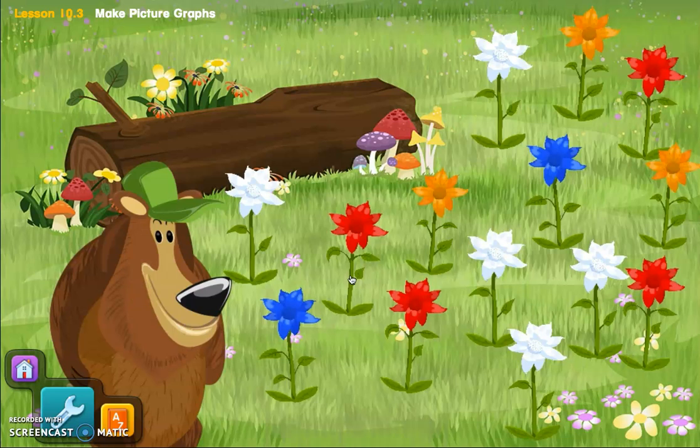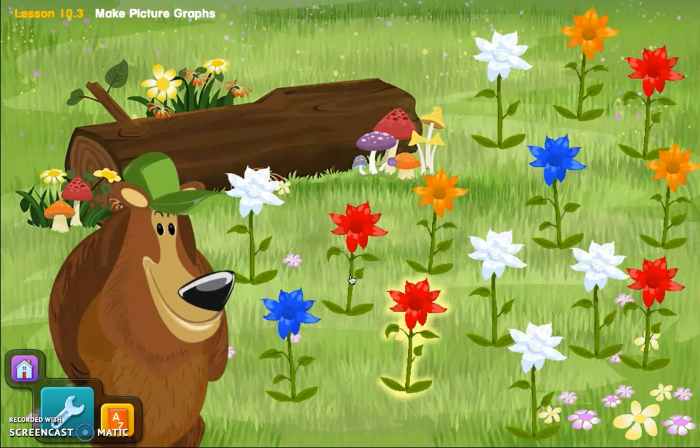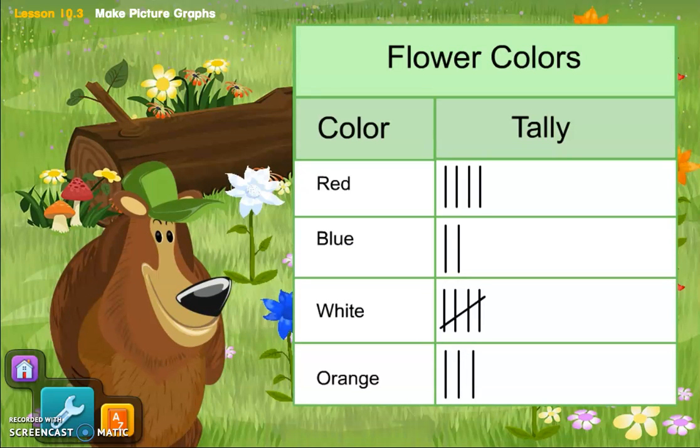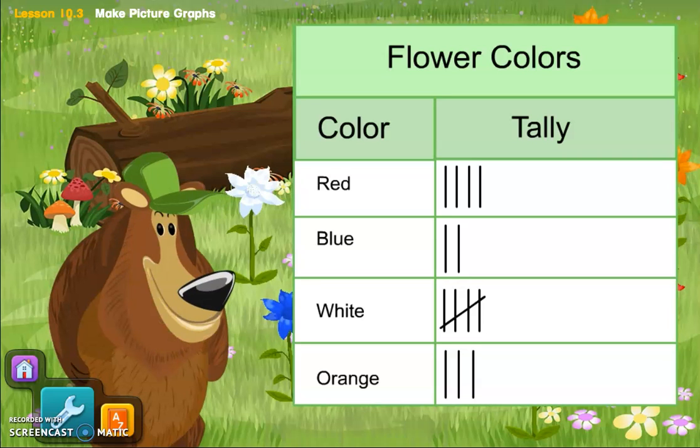Click the flower to see the tally chart. This chart shows how many red, white, blue, and orange flowers the children counted. But I think there's another way to show this information too. Maybe we can make a picture graph. Come on, let's find out more about making a picture graph to show data in a tally chart.